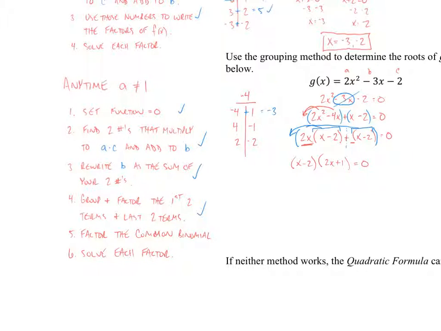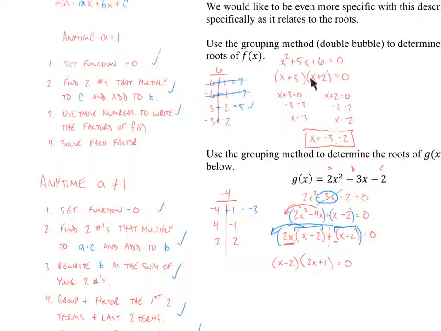But now we're left with two factors, just like how we were left with two factors above, right? These aren't as nice as these two factors, but I can still solve them. I can set x minus 2 equal to 0. I can set 2x plus 1 equal to 0, and then I can solve.